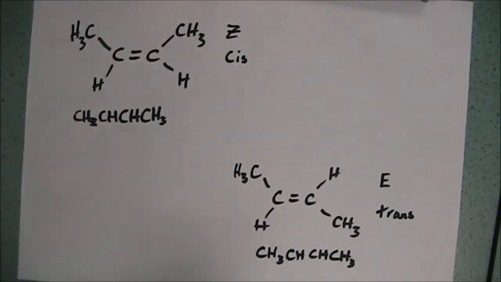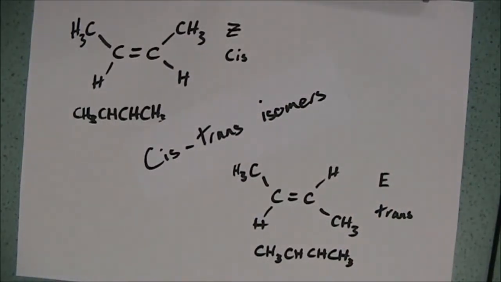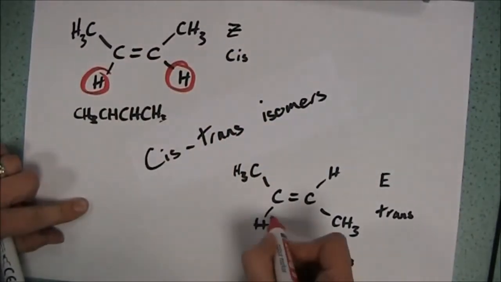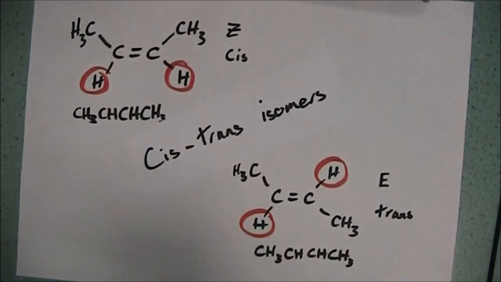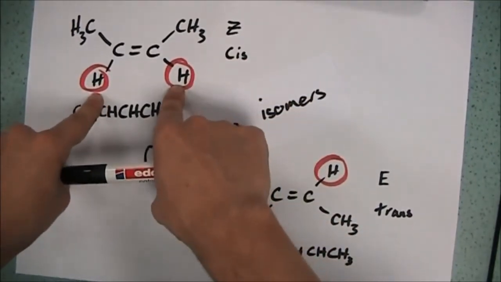So when do we use each one? Well, if we are talking about cis-trans isomers, then we must make sure that we have a hydrogen as one of the groups on each carbon atom that's making up the carbon-carbon double bond. Because these two are hydrogen, we can call this cis because the two hydrogens are together.